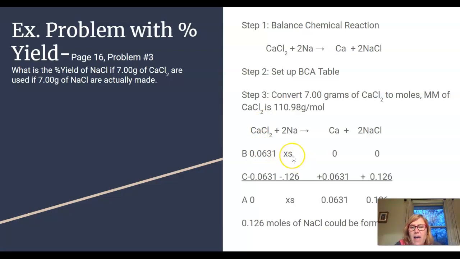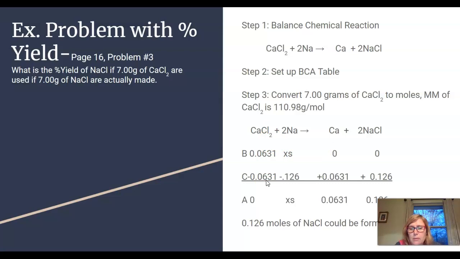And then you're going to have excess sodium, because in this problem it didn't give you another amount for the reactant. So whatever it doesn't give you the amount for, that's the one in excess. Your products are 0, 0, because you haven't produced anything yet. So by default, calcium chloride is your limiting reactant.